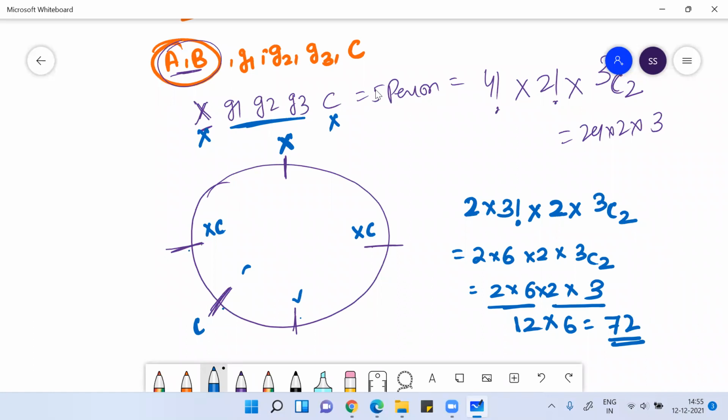Anyone, any doubt? A and B should always be together. A and B together, and C not next. Fine, everyone.